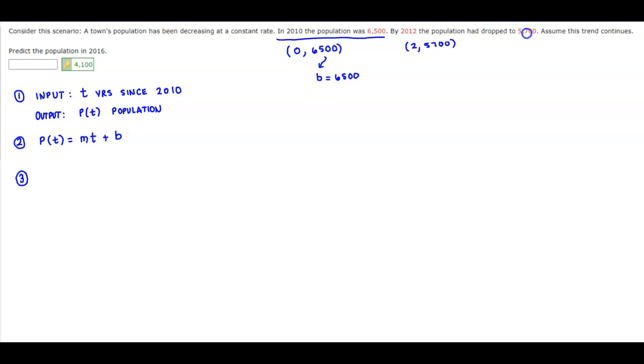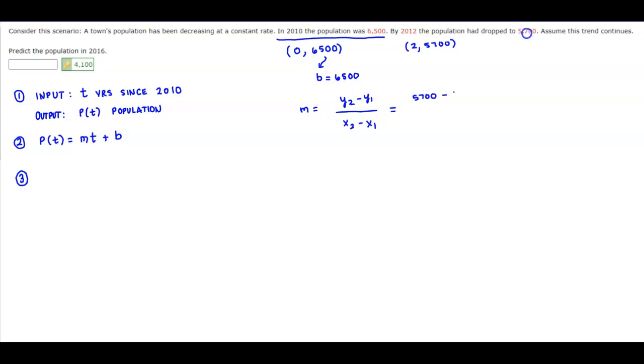Okay, so now what we want to do is figure out the slope between those 2 points. And remember that the slope is taking the change in y over the change in x. So we know that y2 represents 5,700.